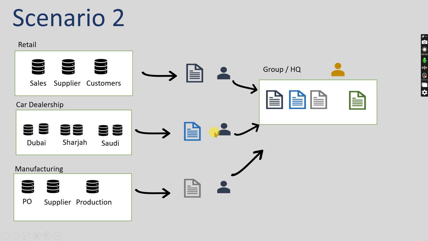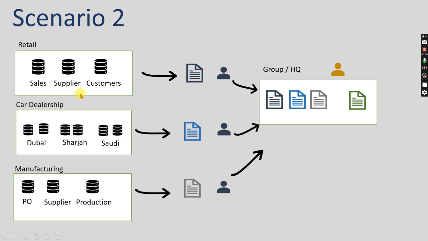They have directors responsible for each business, but the group company wants to consolidate only the financial statements: which business is running well, which is not. Basically they want to see the income statement and balance sheet, those kinds of things.